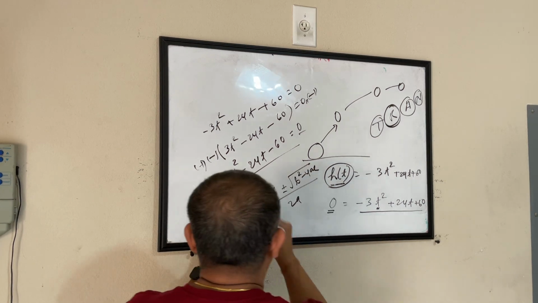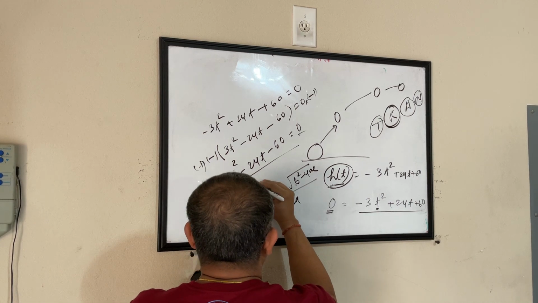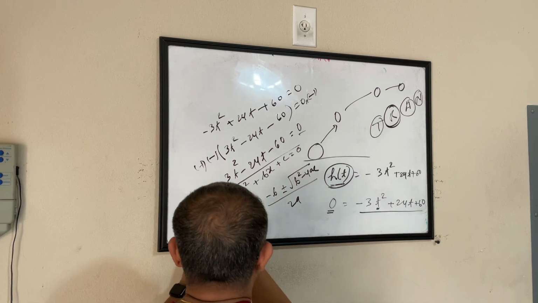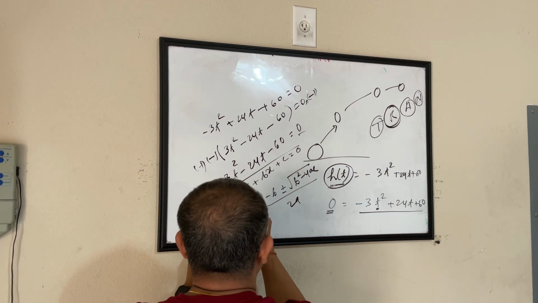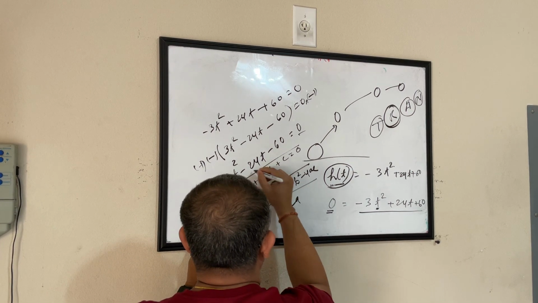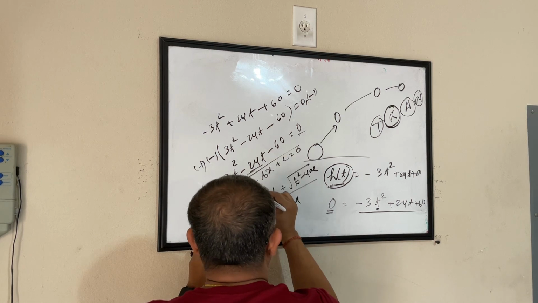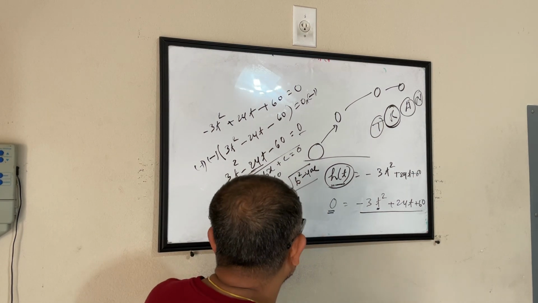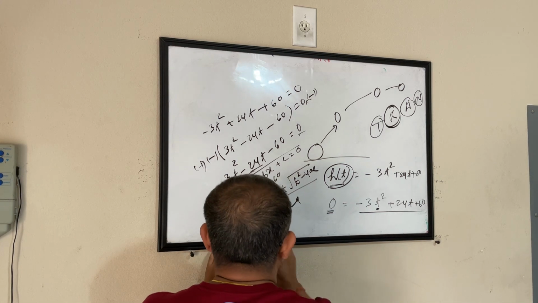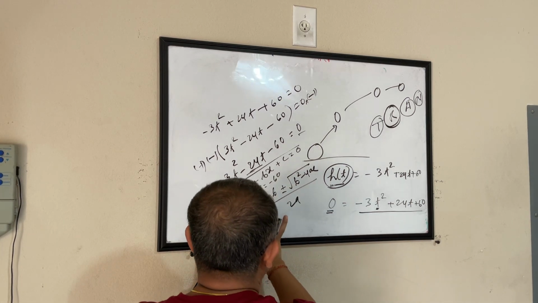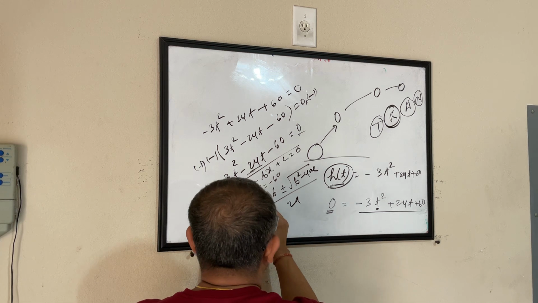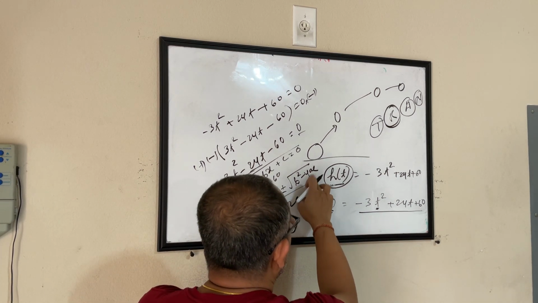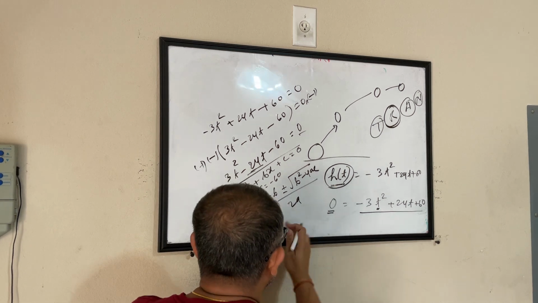Here, if you compare this with the quadratic equation, a equals 3, b equals minus 24, and c equals minus 60. So I can simply put that in this formula and solve it. Here we are not solving for x, we are solving for t. We know the values of a, b, and c, so we will just substitute them here.